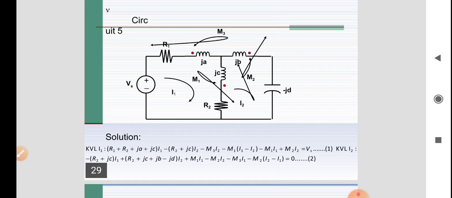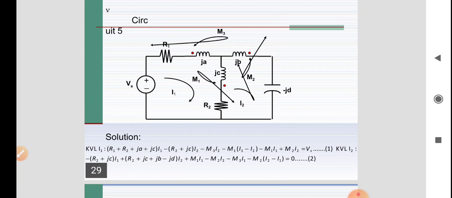As both are flowing in the opposite, that is M3 is dot to coil, M1 is coil to dot, we will be getting the mutual inductance as negative. So minus M3, and the opposite current is I2 current. So minus M3 into I2.